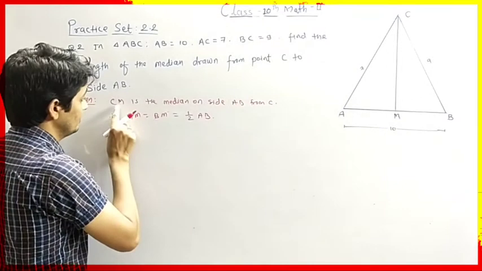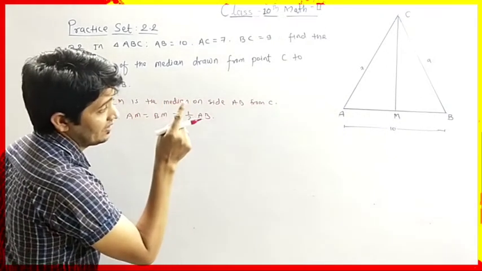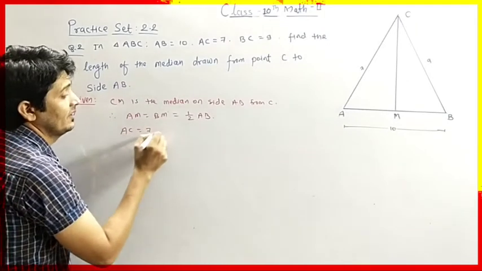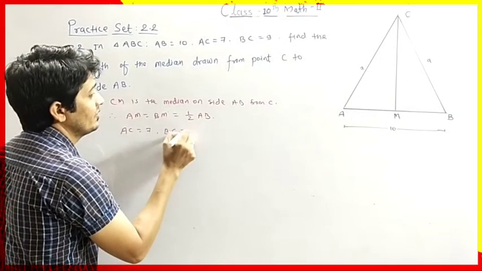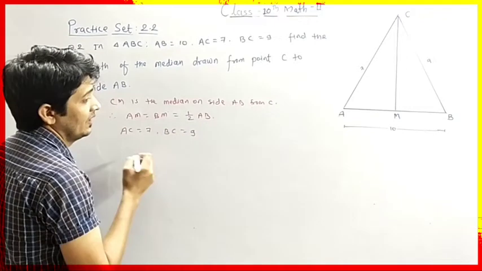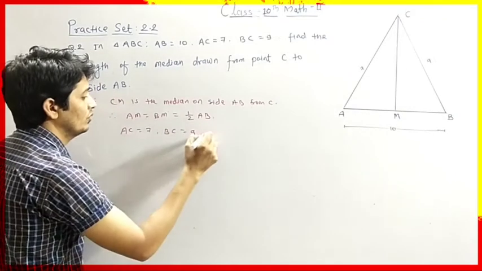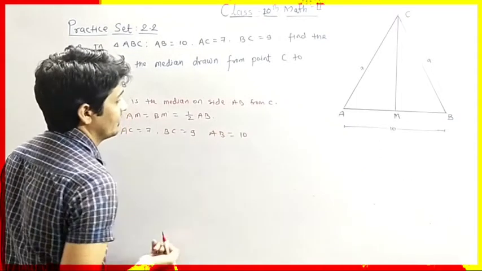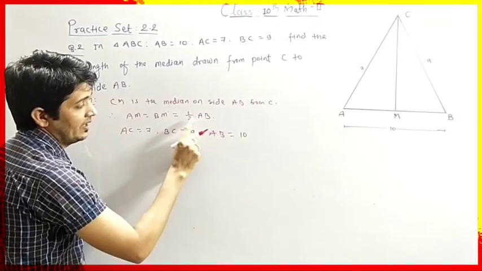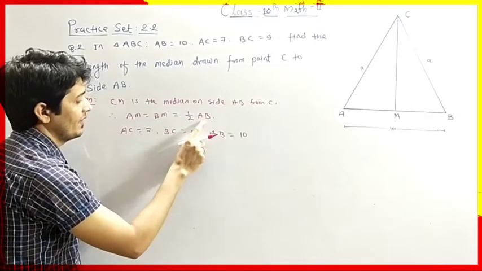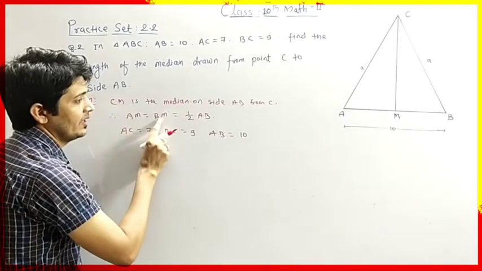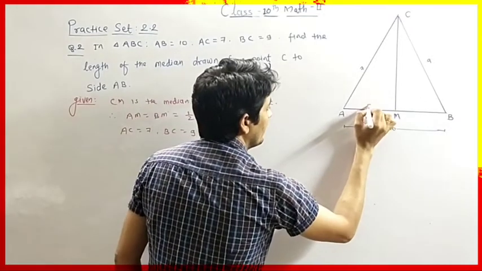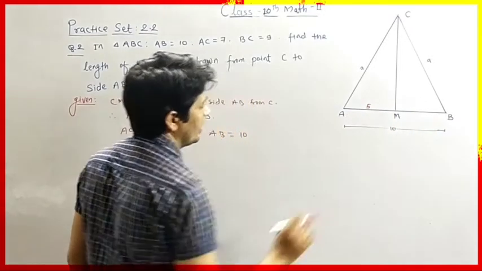Then AC equals 7 is given. Then BC equals 9 is given. And AB equals 10 is given. So half of AB, that means AM or MB, will be 5, because it is half of AB.